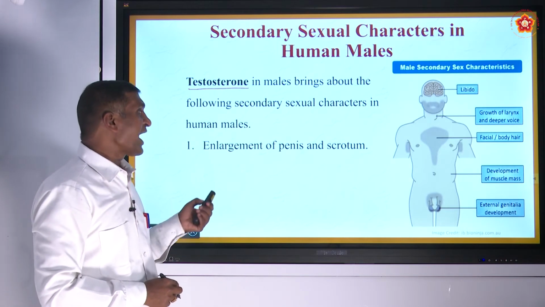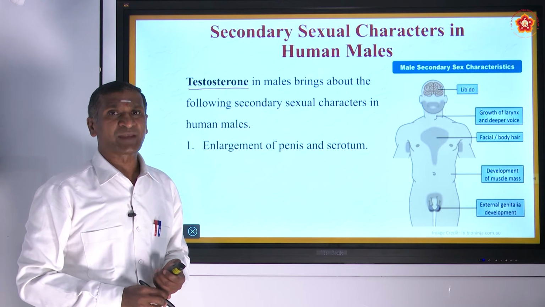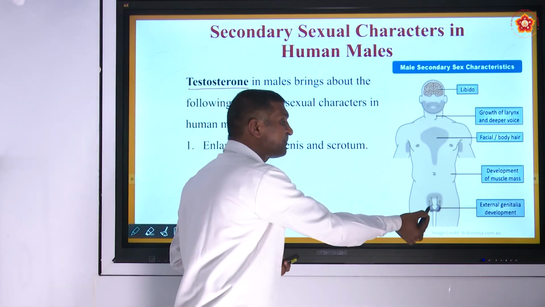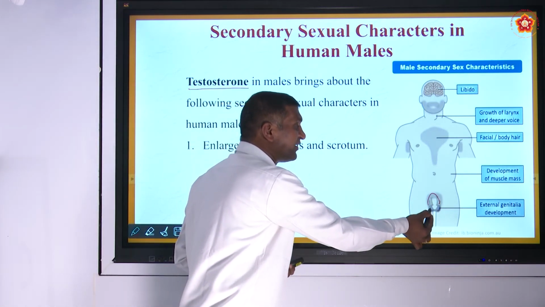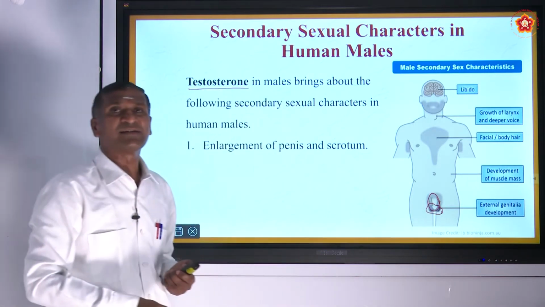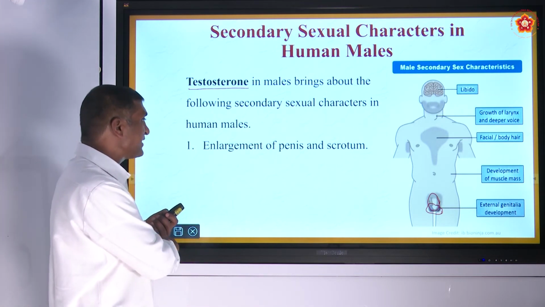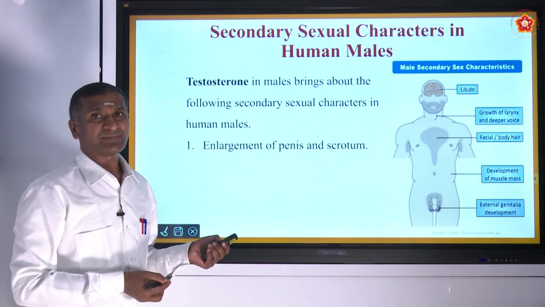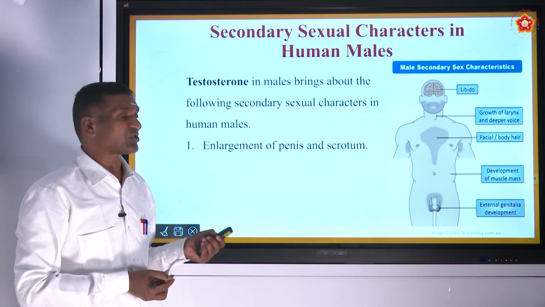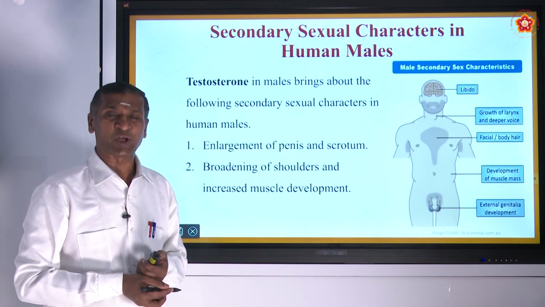The first one, enlargement of the penis and the scrotum, the skin which encloses the testes. This enlargement is one of the secondary sexual characters developed due to the testosterone hormone.